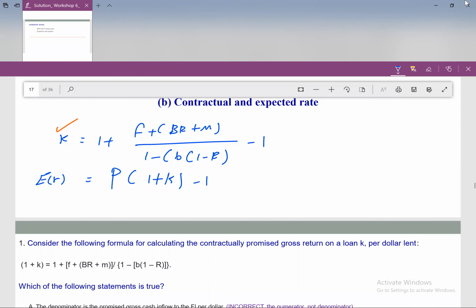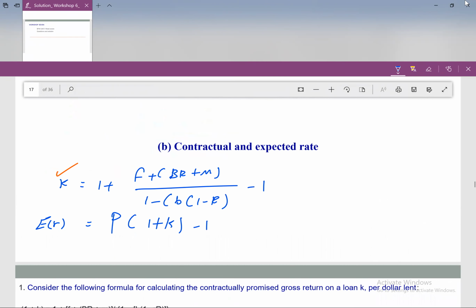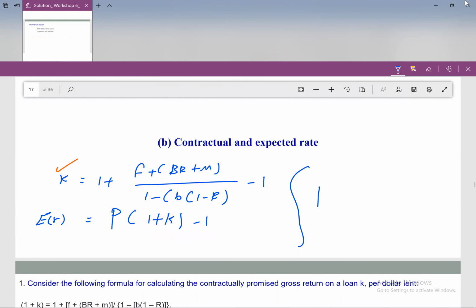Now, if we know this, we can play with this formula. If you look at this question, consider the following, and this is very important for pricing. And the pricing, as I told you, is part of the underwriting risk, which is the terms and conditions. Because when we talked about the single loan, this is just, you are not responsible for this in the exam. I put it in the video.